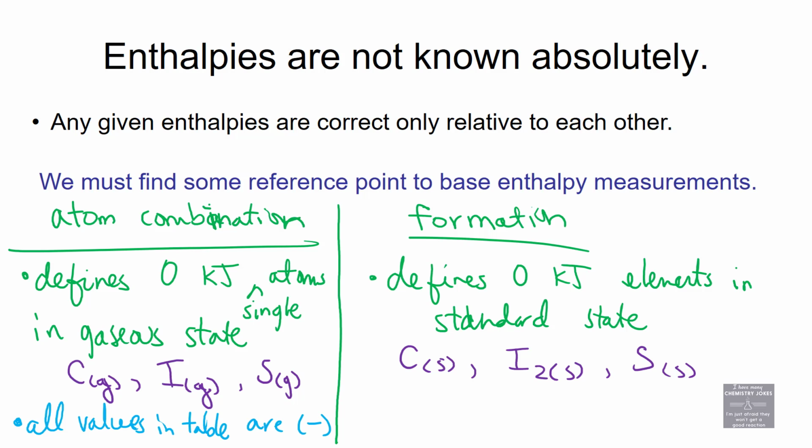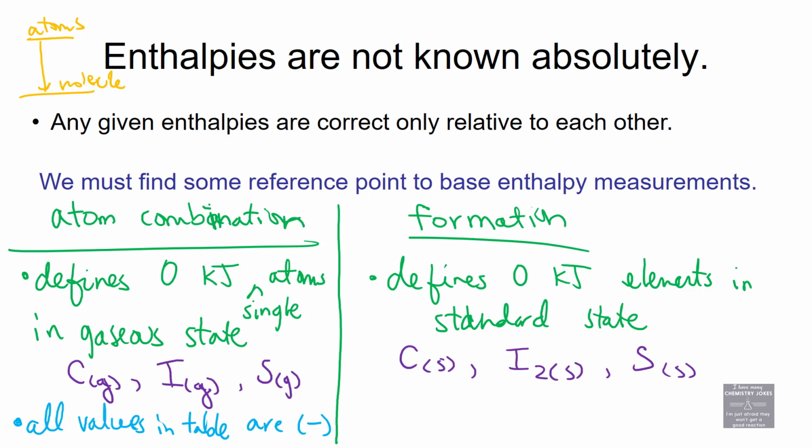Anytime you're combining atoms to make bonds, that's going to be an exothermic process. So you're going to have atoms, and you're usually going to make a molecule, and that's an exothermic process.